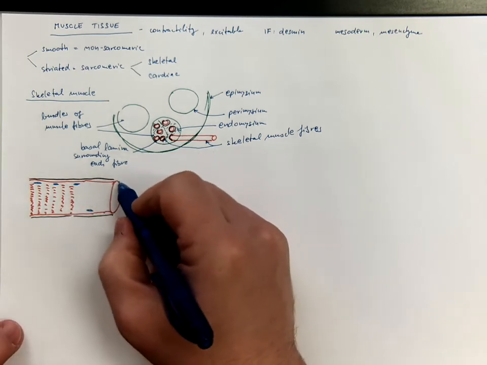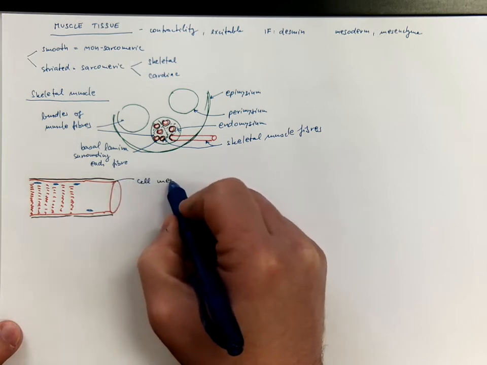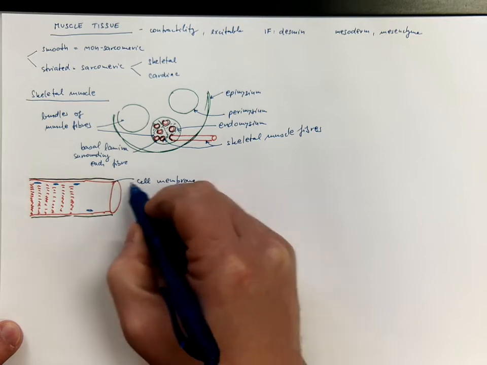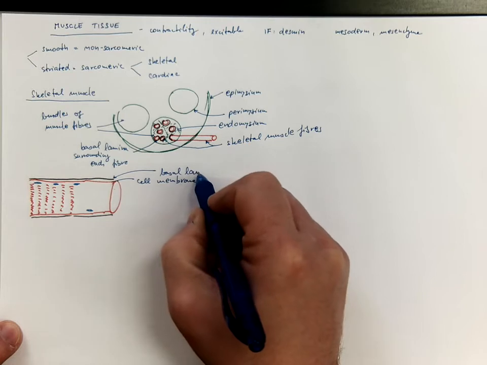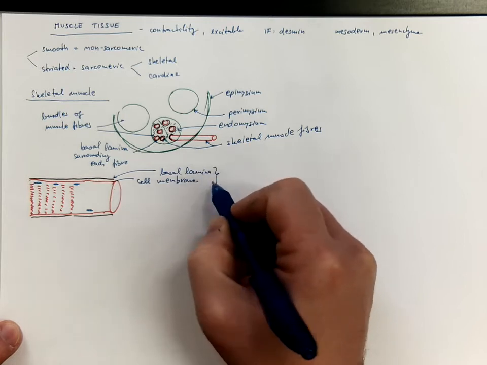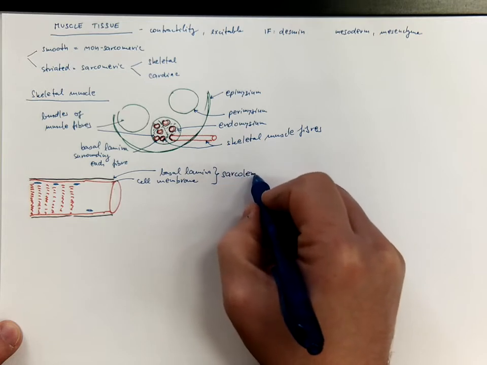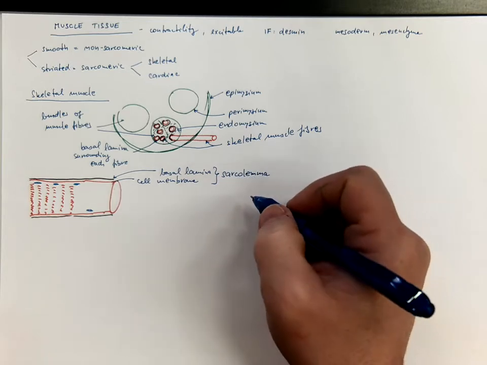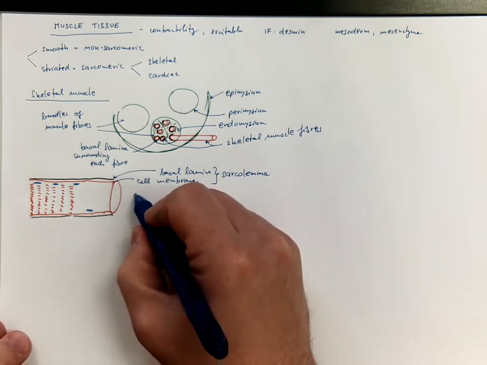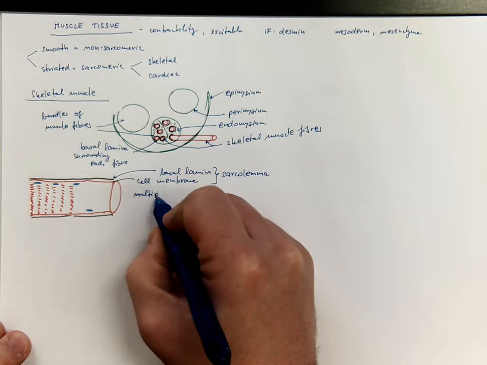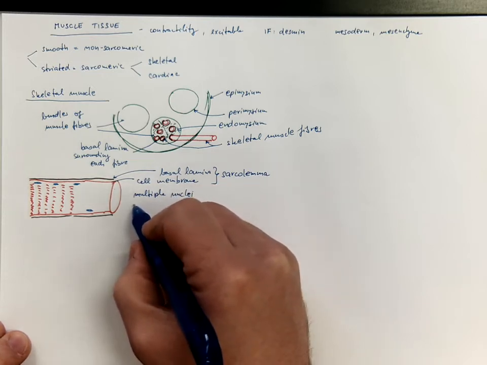So we have the cell membrane here. You have the basal lamina. Together they are called sarcolemma. We have multiple nuclei. They are always on the periphery.